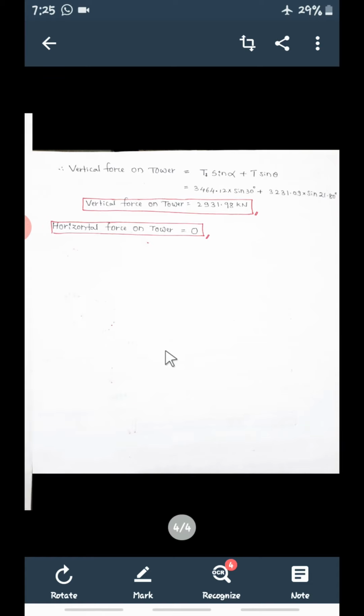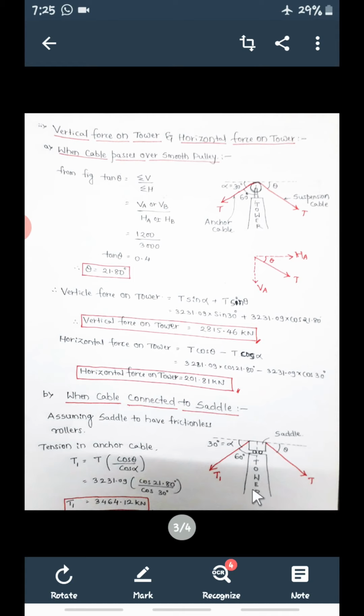Now see here, what will be the vertical force on the tower? Again, resolve these two into vertical. What is the vertical component of this? T sine theta, correct? Vertical T sine theta, and both are in the same direction, plus T1 sine alpha, is it right?